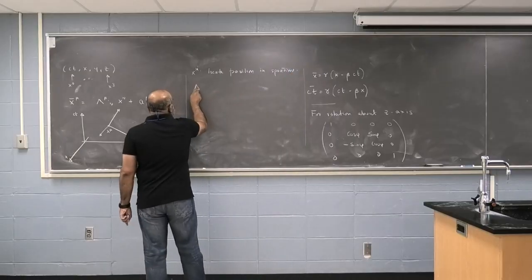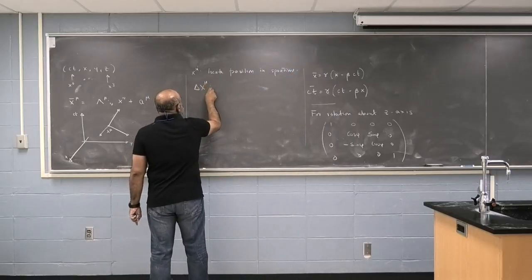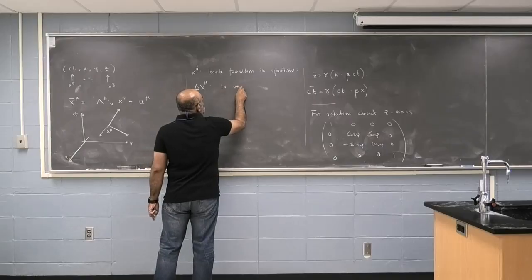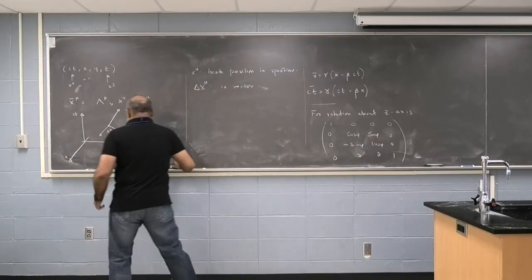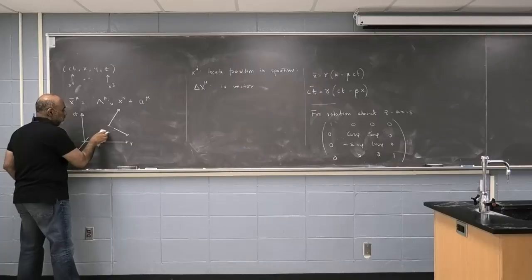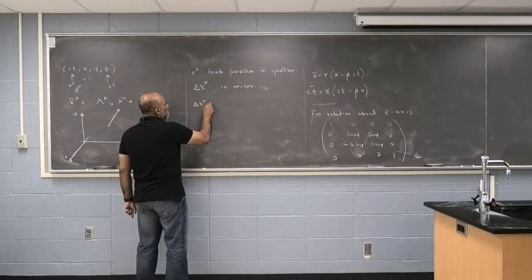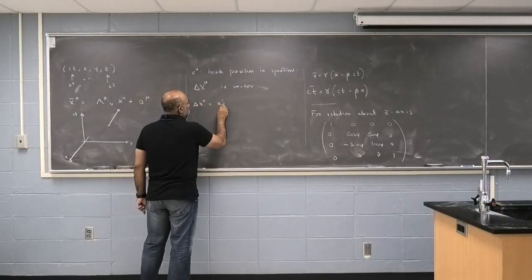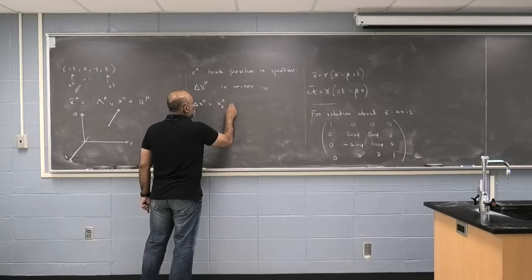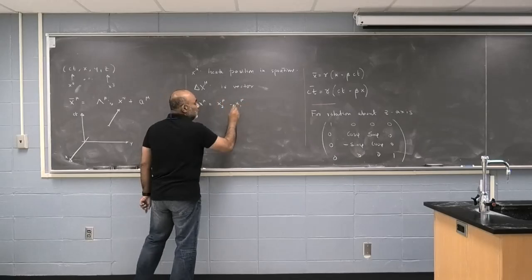However, delta x mu is a vector. I'm just going to pick a nice looking vector. When I say delta x mu, what do I mean? x2 mu minus x1 mu.